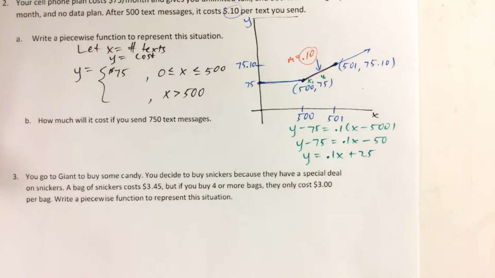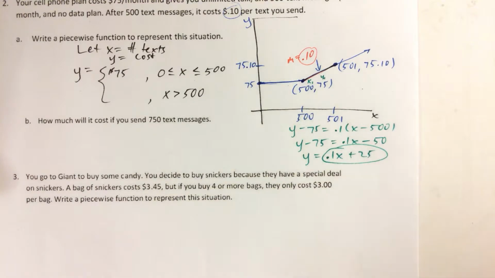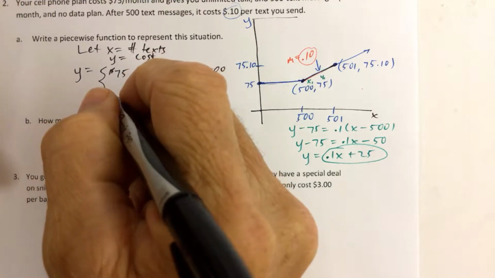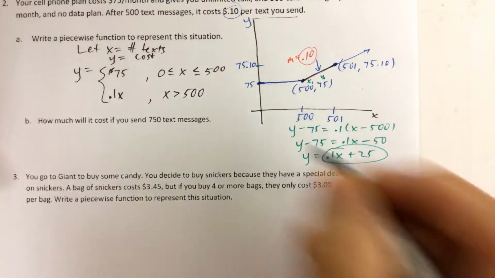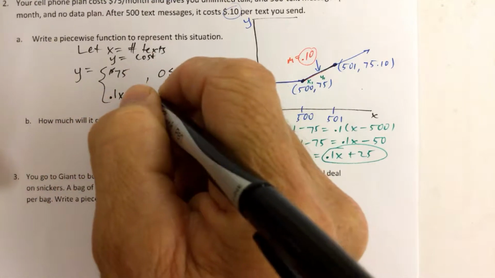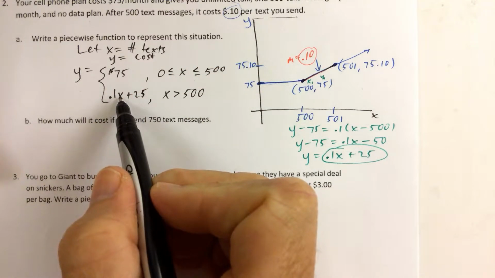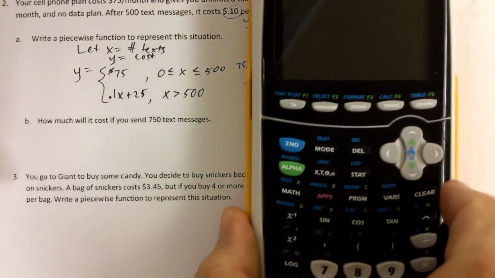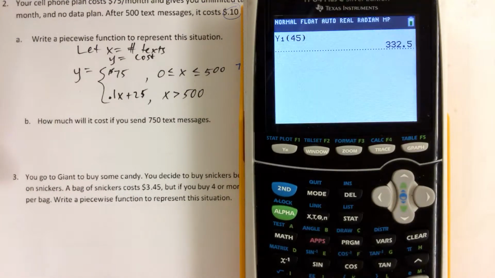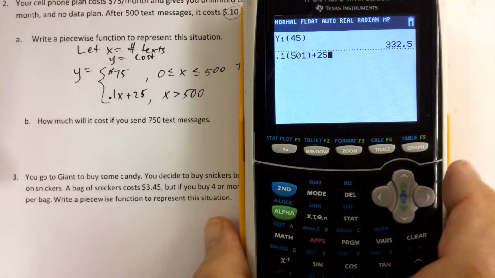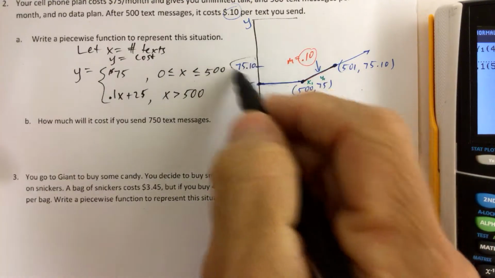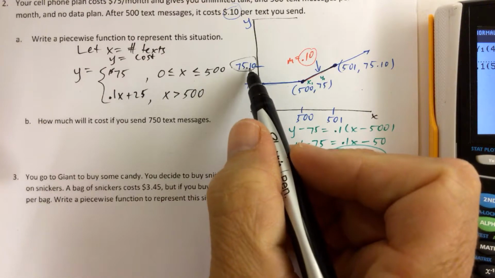So there we have it. We have our equation for the second piece, and all we have to do is drop that right in here: 0.1x plus 25. I urge you to make sure that when you plug in 501 into this equation, you get what we said it was going to cost to send 501 texts.